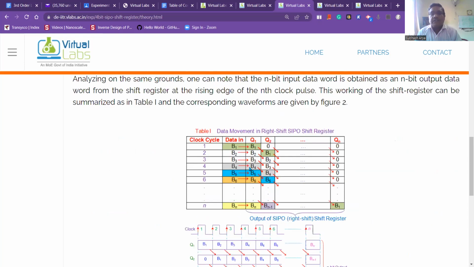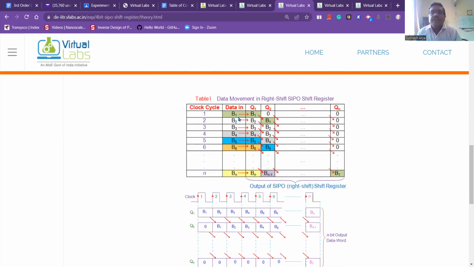Let us see from the table. Q1, Q2 to Qn are the outputs, and these are the data in, B1, B2, B3, which is coming serially. It is a train of input pulses. And this is the clock cycle. We have numbered it 1, 2, 3, 4, 5, 6.